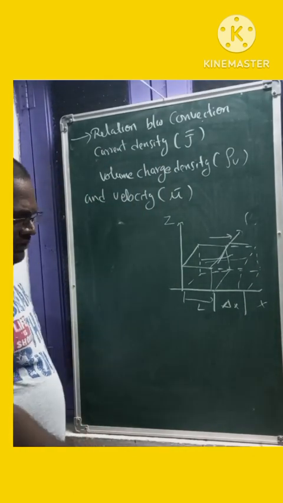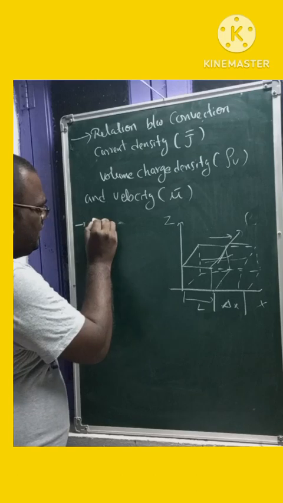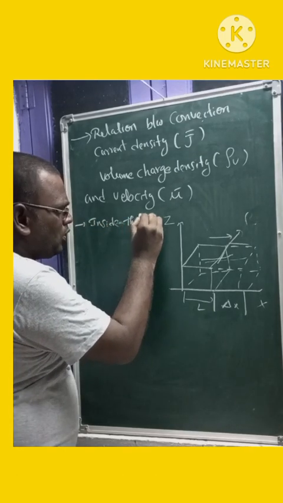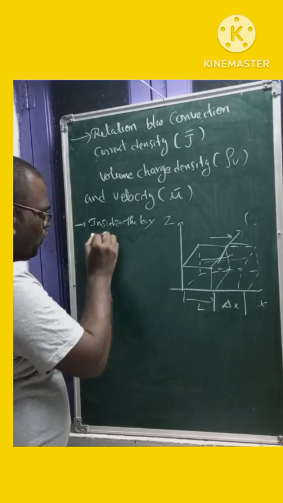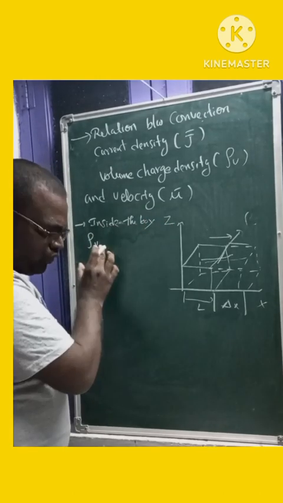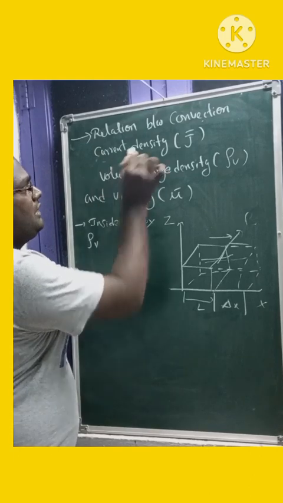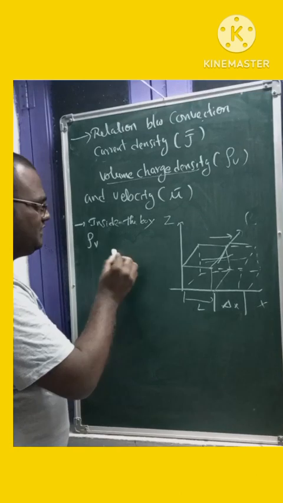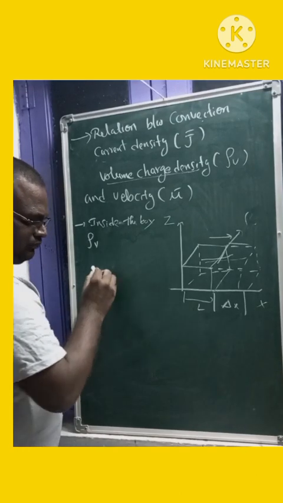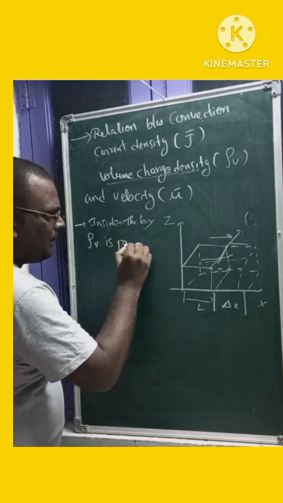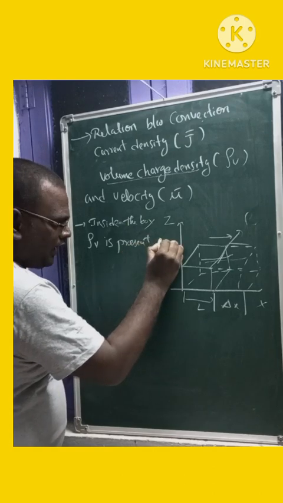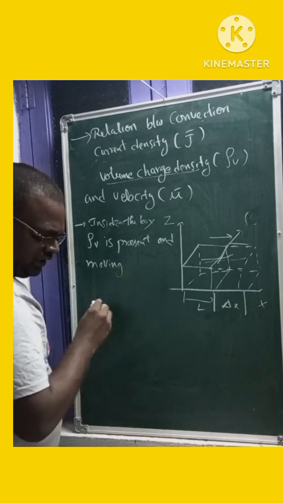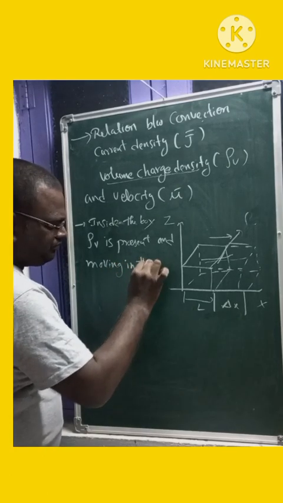Inside the box, the volume charge density rho v is present and moving in the x direction.